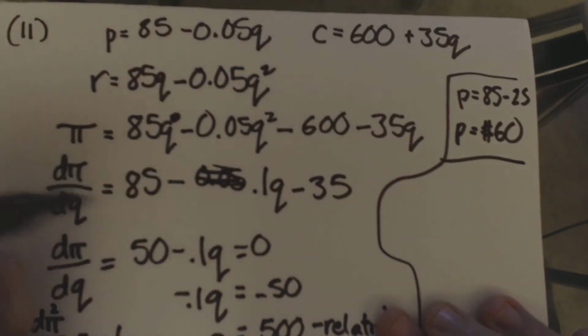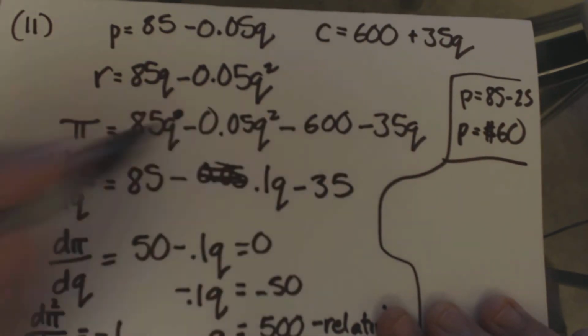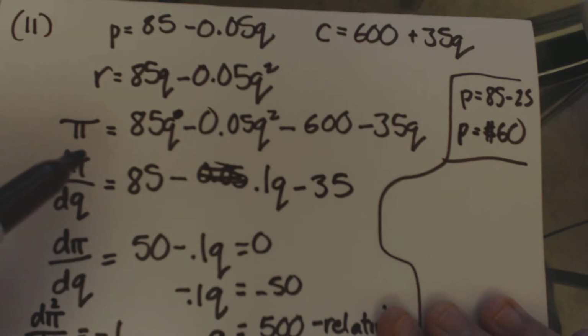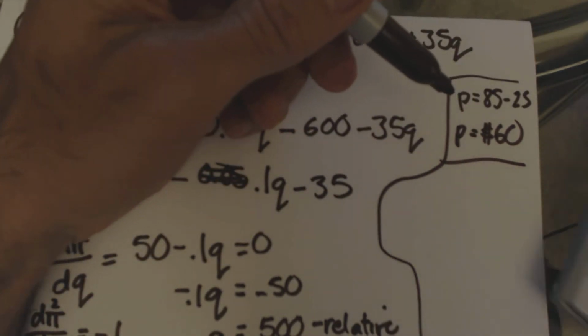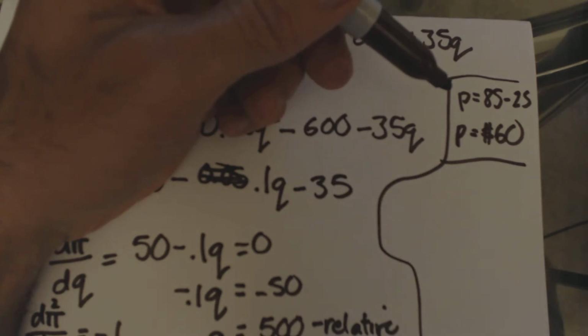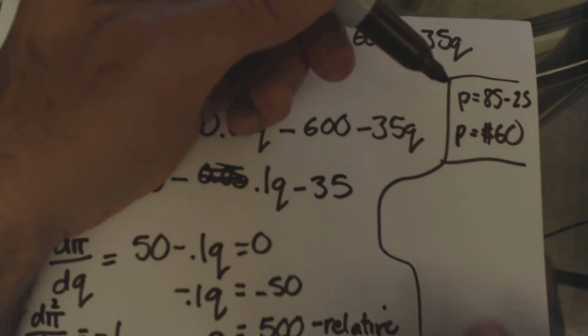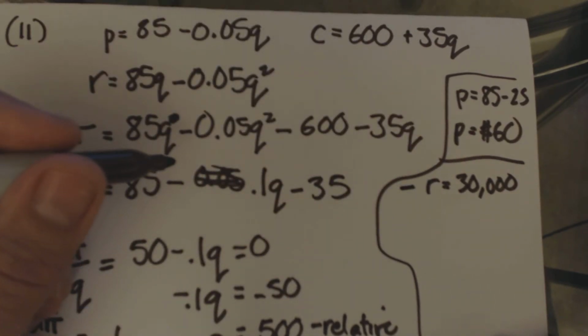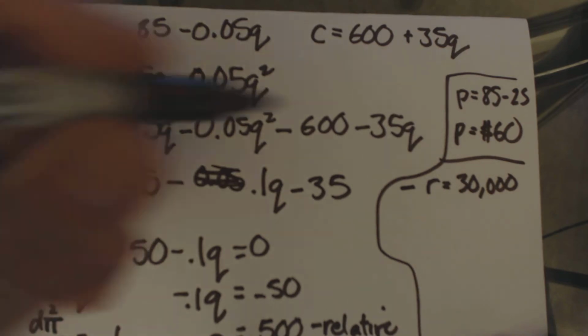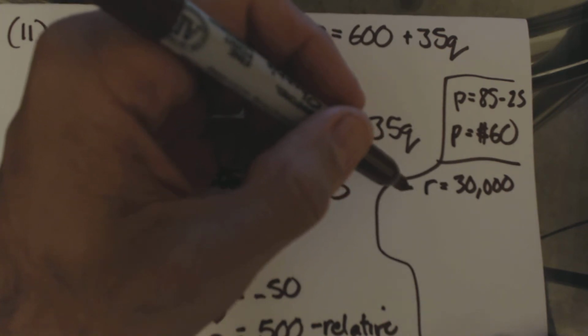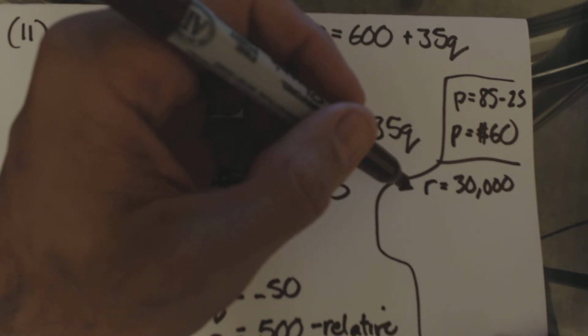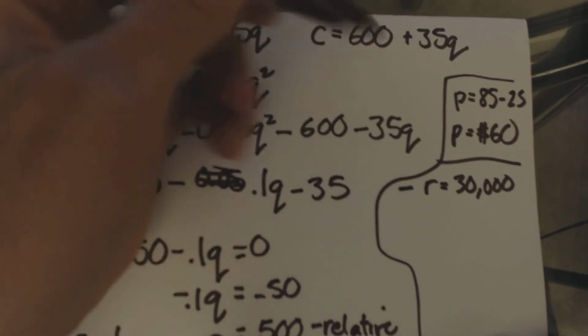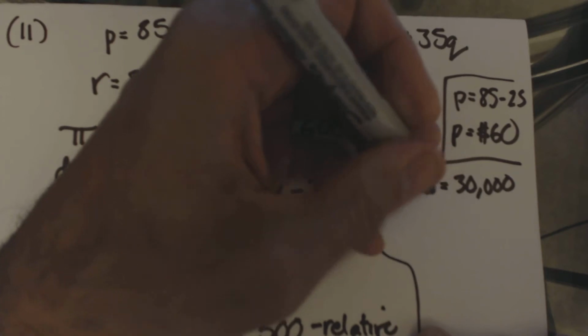And now the question is, what is the profit? So we have to look at the profit function. So first of all, the price times the quantity, 60 times 500, is going to give us revenue equals 30,000. We then need to look at our costs at the level of 500 for output.